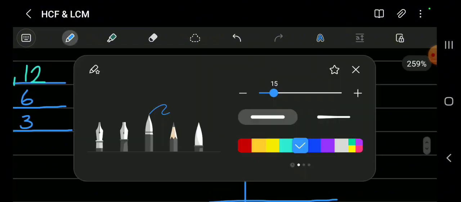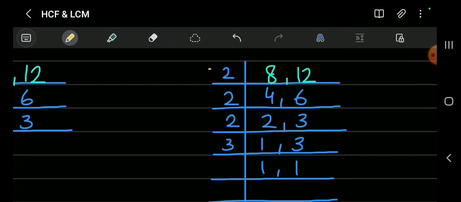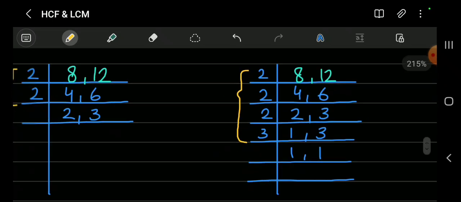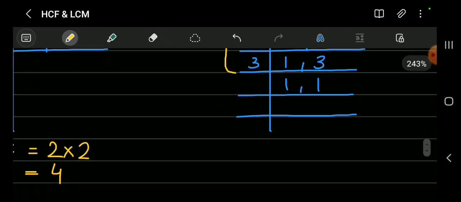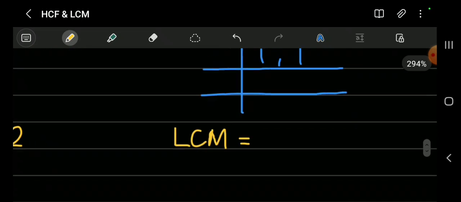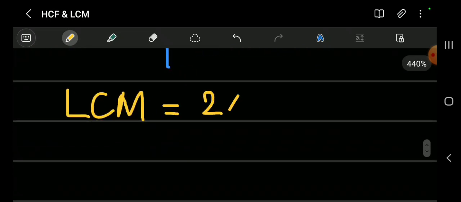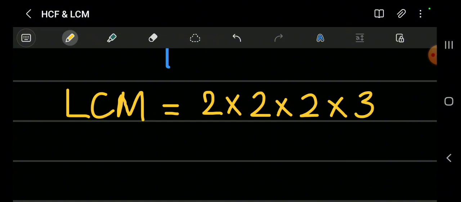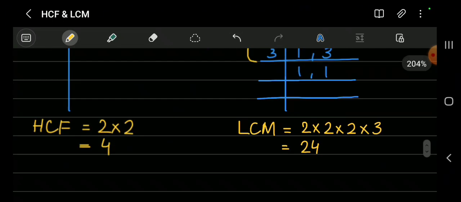Now the factors that you are getting are not only the common factors but the uncommon ones too. And what is LCM? According to the definition, LCM is the product of common and uncommon factors. So it will become 2 into 2 into 2, times 3. So 2 2s are 4, 4 2s are 8, and 8 3s are 24. So this is your LCM.